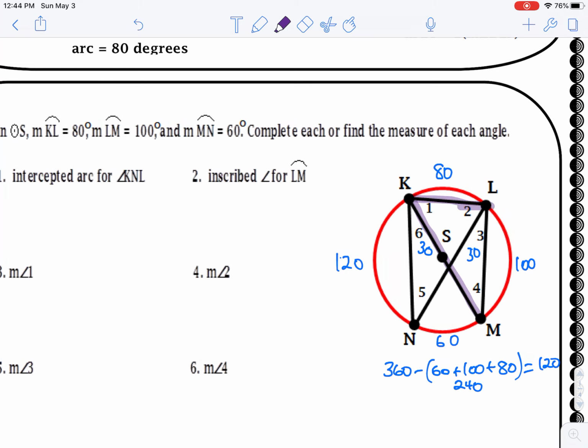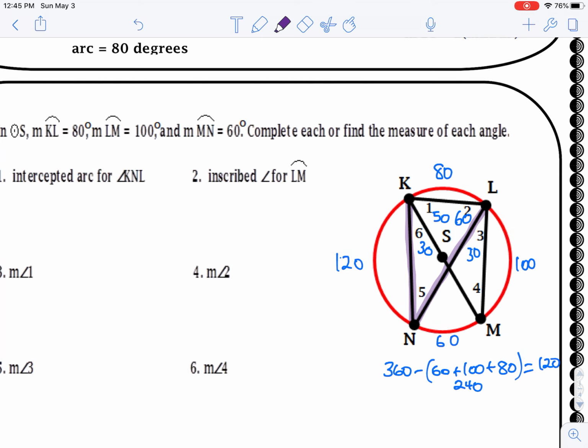Let's do angle 1. Its intercepted arc is 100, and 1/2 of 100 is 50. Let's do angle 2. Angle 2 has the intercepted arc of 120, so it is 1/2 of that, which is 60.